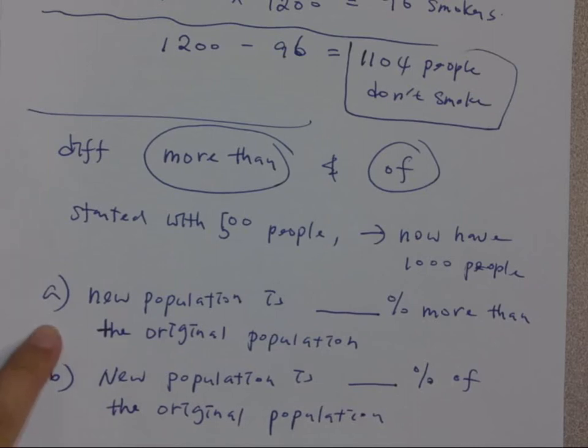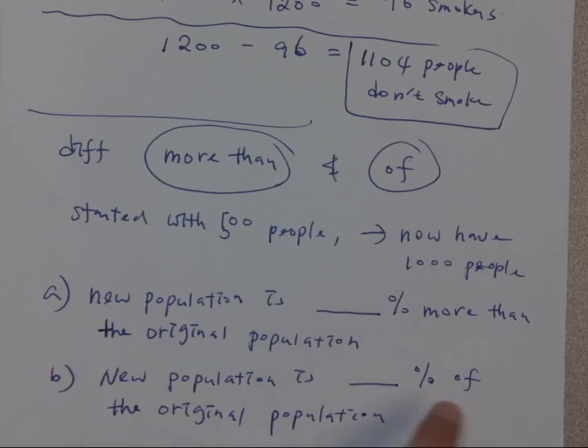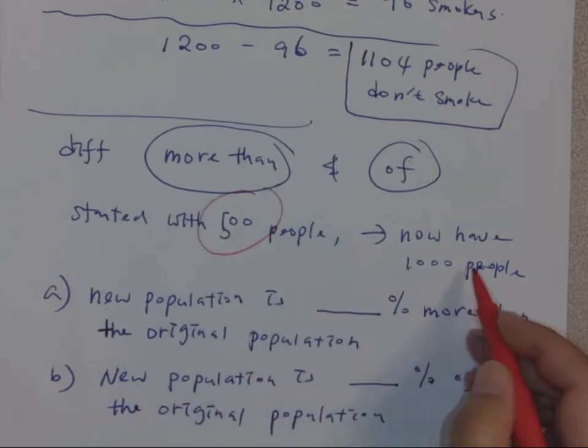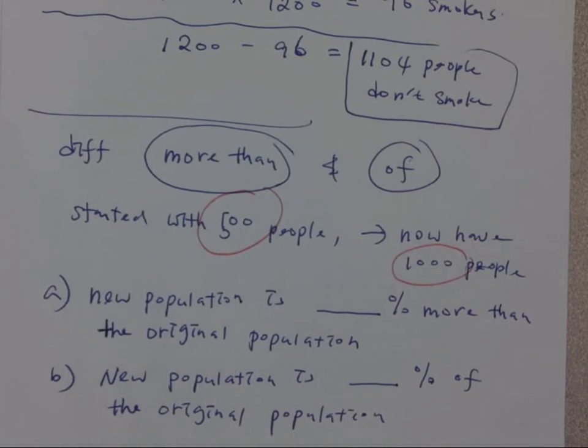The new population is how many percent more than the original? Okay, this is 500, this is 1,000, right? This is doubling.